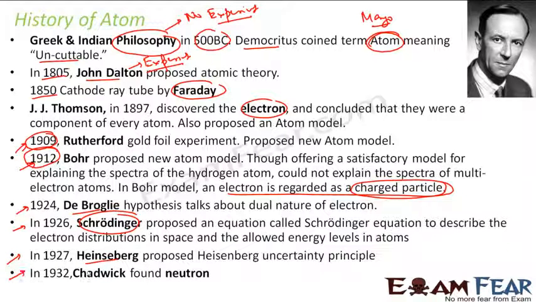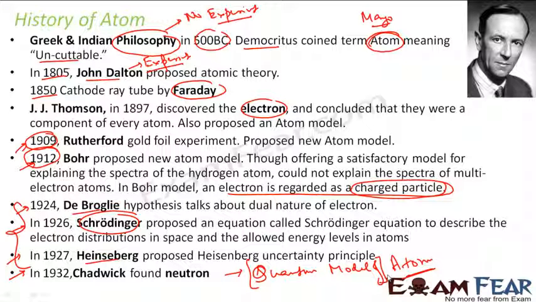And in 1932, Chadwick found the neutron. After this, it is not in this slide, but this is the model which is mostly accepted. This was found after all this happened. These guys proposed a model called the quantum model of atom. And that is the most widely accepted model for atom today.